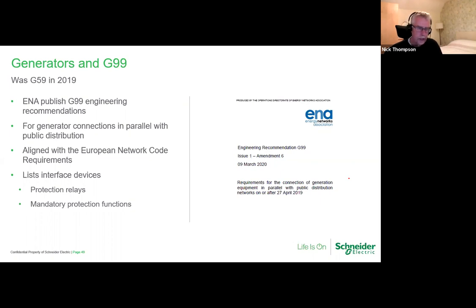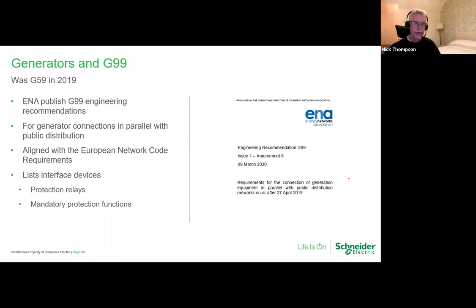The Energy Networks Association is the body which represents the DNOs. So each DNO is a member of the ENA. Other companies will be members as well, but by and large, it's DNOs. And they've agreed what the wording is, the technical requirements that are written into this code, etc. So it's called the engineering recommendations.